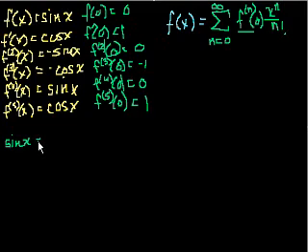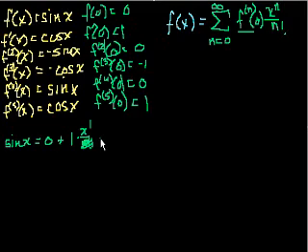So sine of x, the Maclaurin series representation, is going to be equal to, well, f of 0, well, that's 0, plus the first derivative, which is going to be 1 times x to the 1 over 1 factorial, which is just 1.